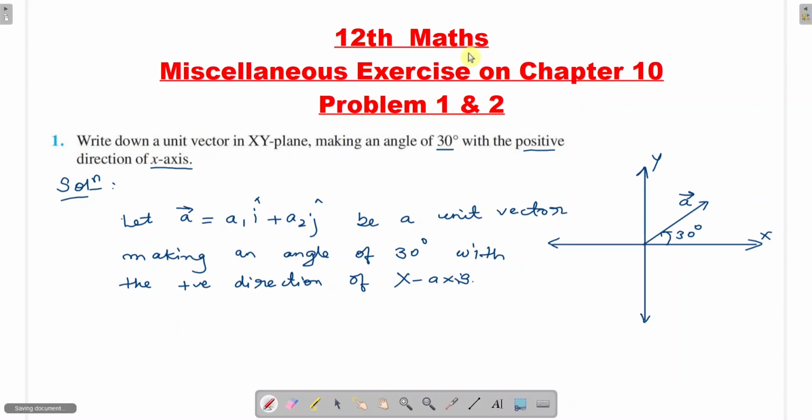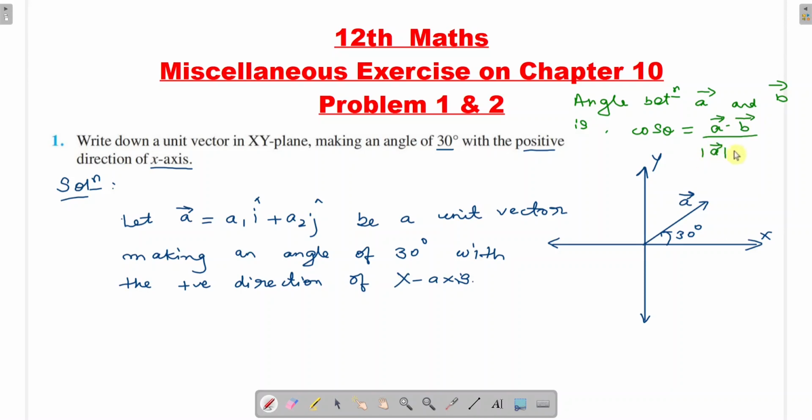The angle between two vectors a bar and b bar is given by cos theta equal to a bar dot product b bar divided by magnitude of a bar multiplied by magnitude of b bar.